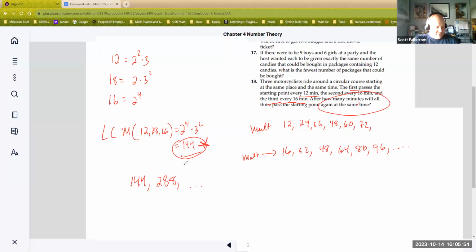So you could write down 432. You could keep going. 576. 720. Because it just says after how many minutes will all three of them pass the starting point at the same time.